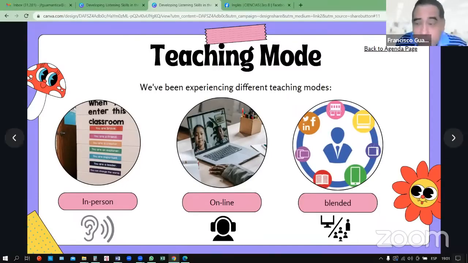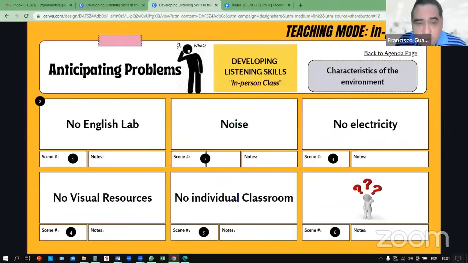We're going to start with in-person, which I think most of the teachers are facing, okay? What problems are you facing? You can tell me in the chat what problems you are facing with listening. Why are you not working on listening?